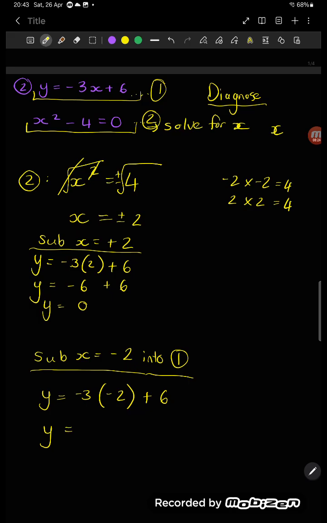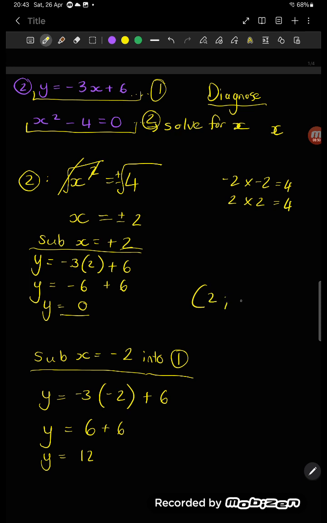So I've got y is equal to, now I'm starting easily, but this is going to get very challenging very quickly because they're exam type questions. Okay, minus 3 times minus 2 is going to be a 6. And a 6 and a 6 is a very good number, 12. So if x is 2, then y is 0.